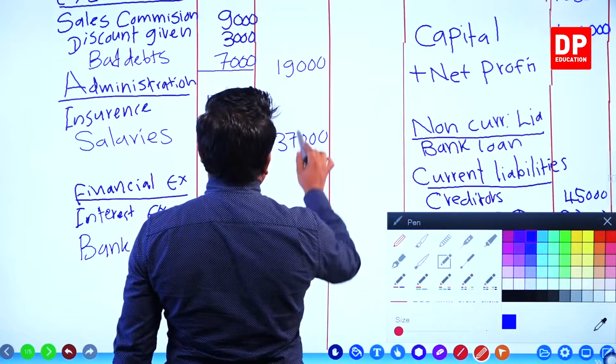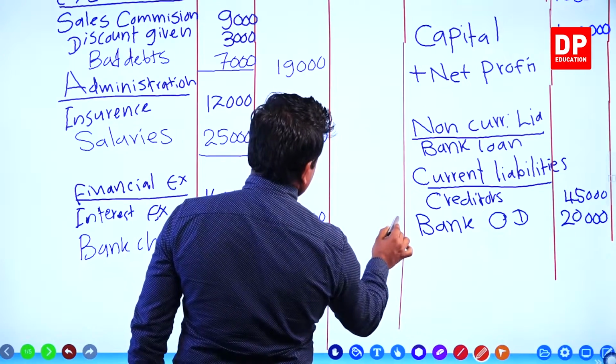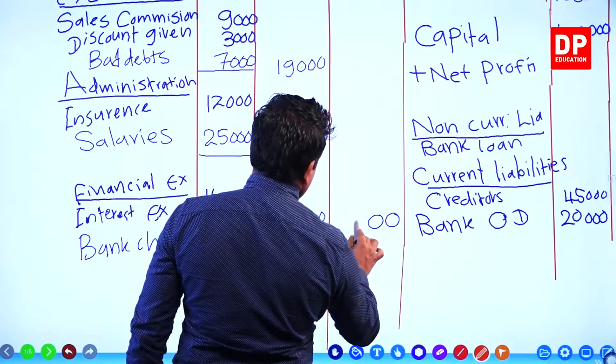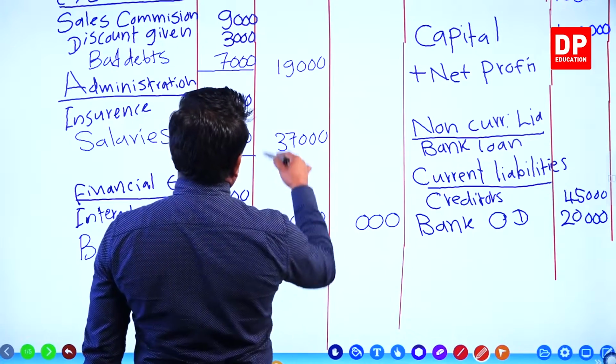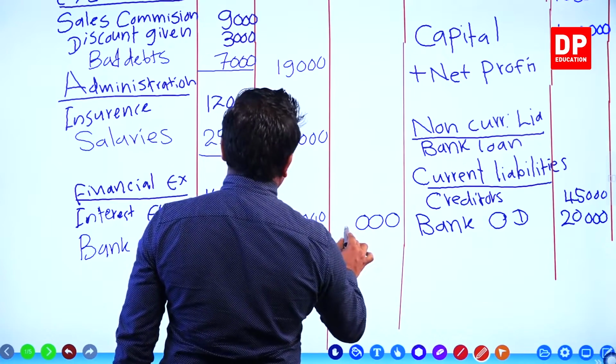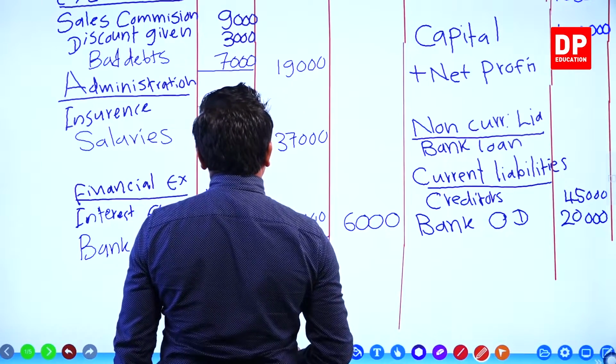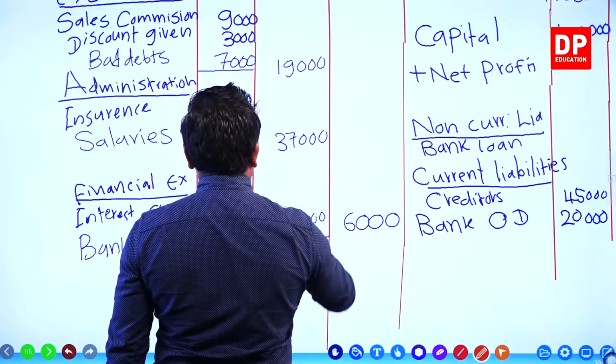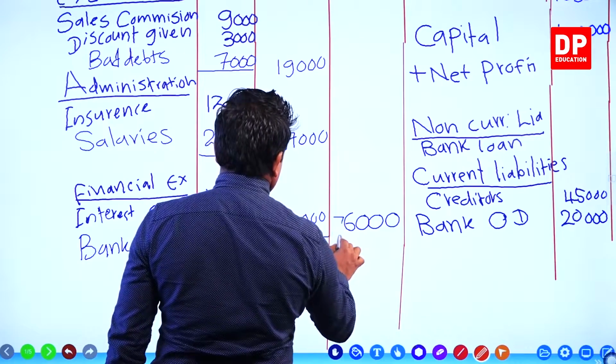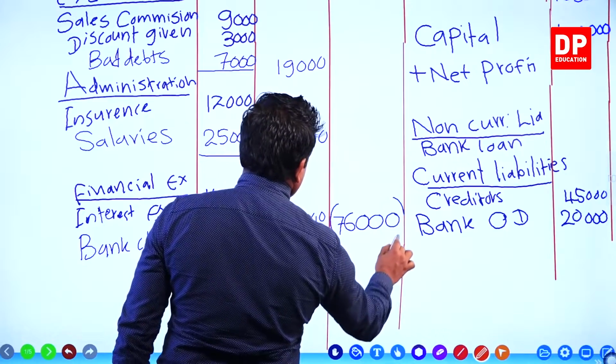Here 0, 0 and 0. Then 7 plus 9, 16,000, carry 1. Then 5, 76,000. These are the total expenses, right?